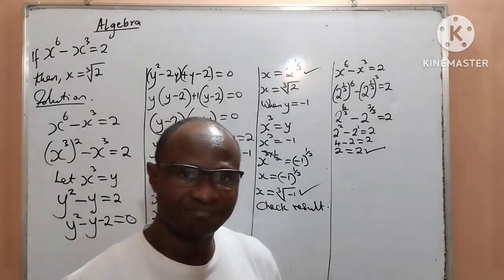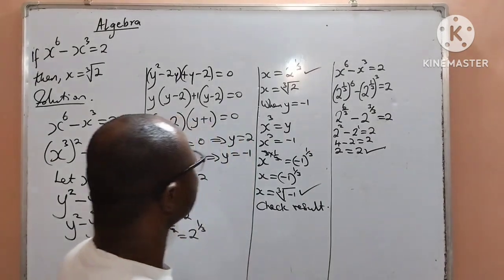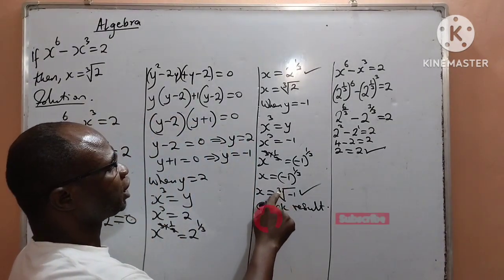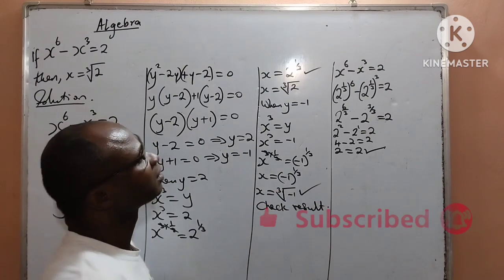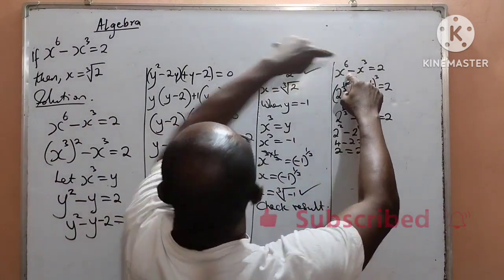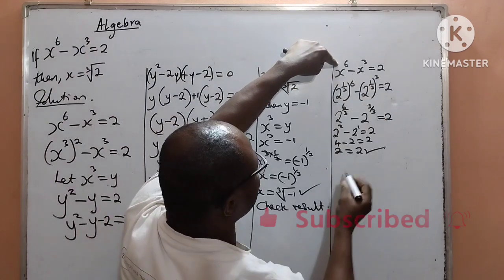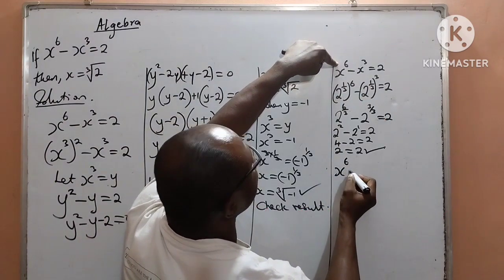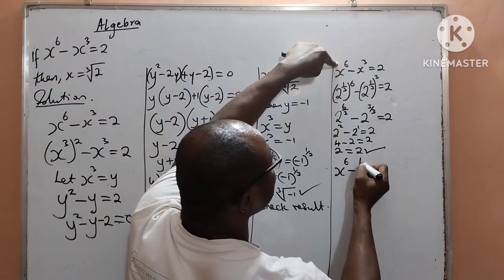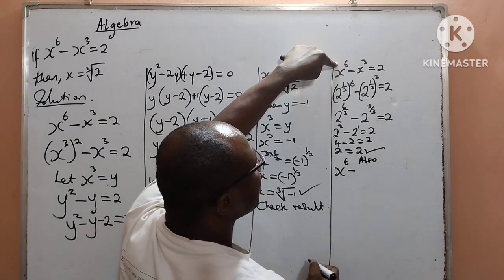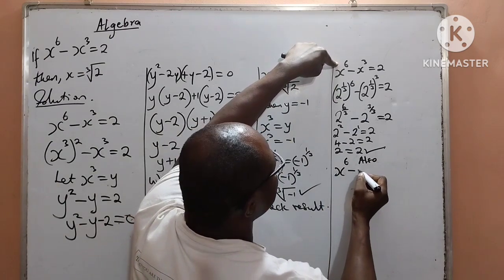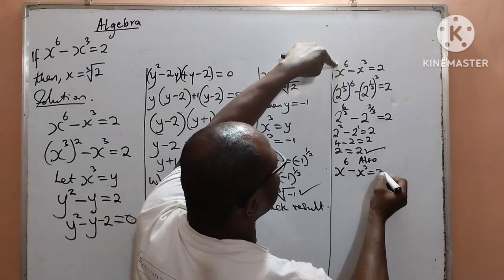We check for the second value of x, which is the cube root of negative 1. Picking the original question, which is x raised to power 6, minus x raised to power 3 equal to 2.